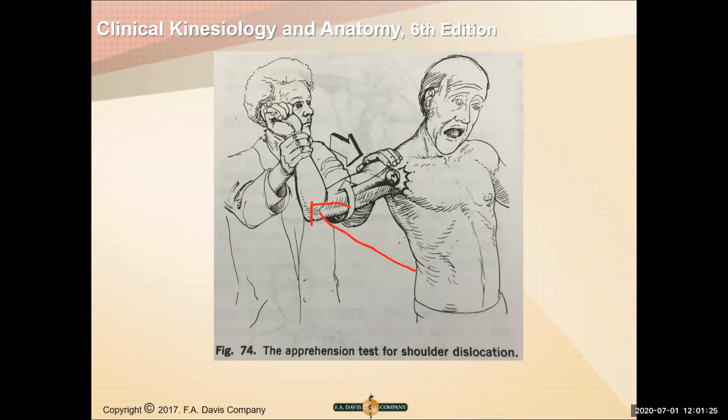Would I still possibly get an anterior dislocation? Yeah, right? Because I'm going to push that way. It's going to cause a rotational force that way on the shoulder. So that's why I said that posterior, inferior are the most common without force. Anterior is the most common with force.